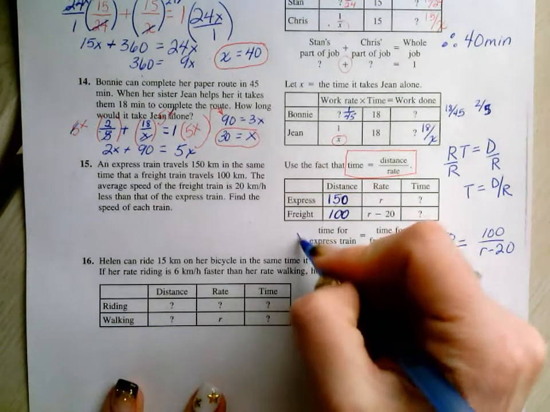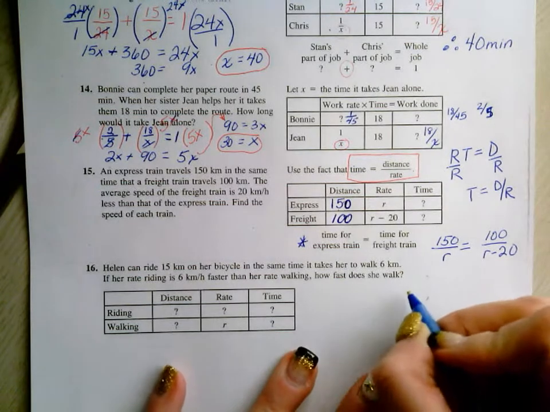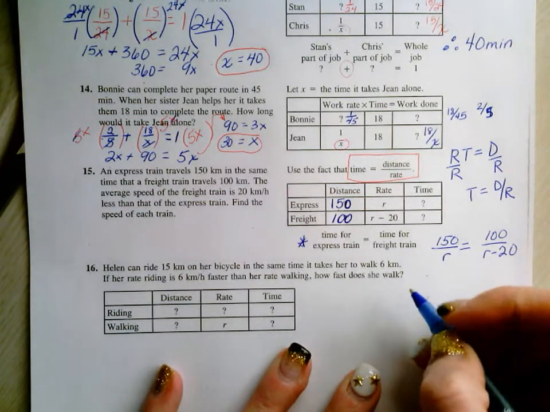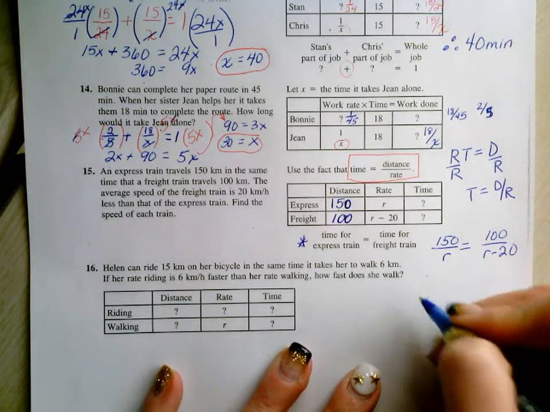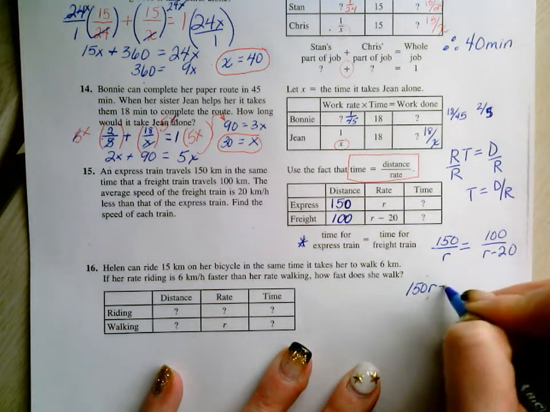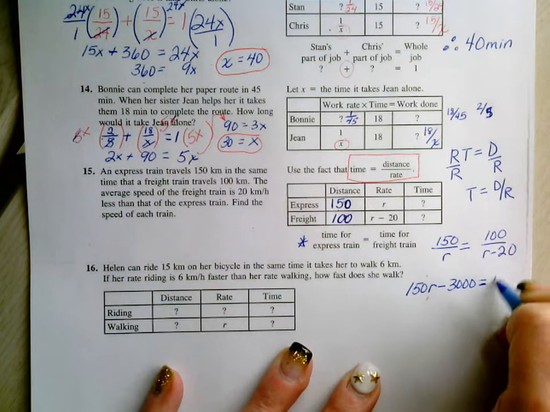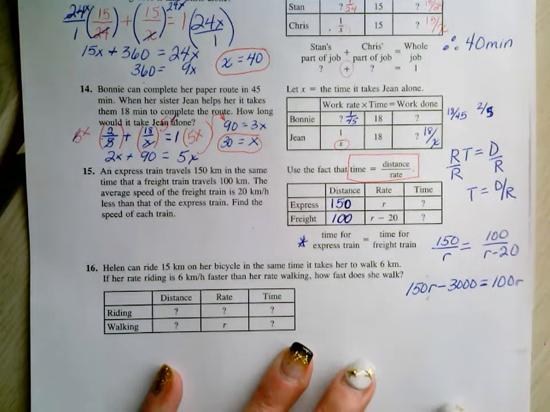They give you that little hint here too. Cross multiplying if you like, or solve greatest common factor, I don't care. I like to cross multiply myself. So 150 times R, 150 times 20, 50 times 2 is 300, 3,000 equals 100R.